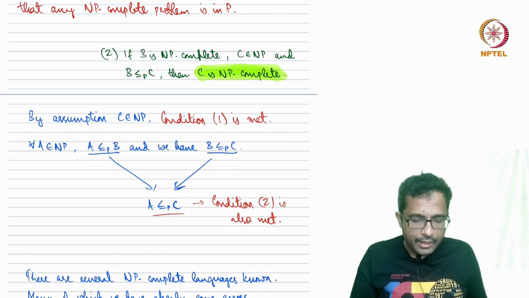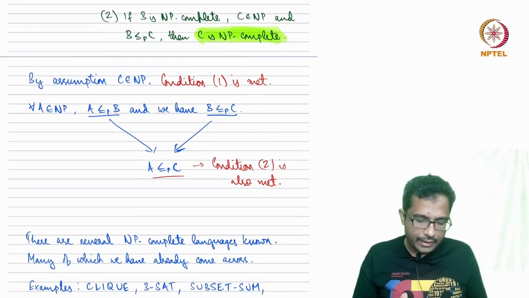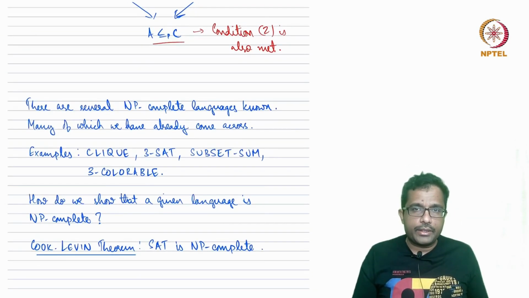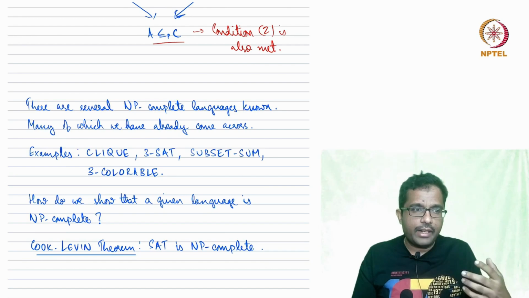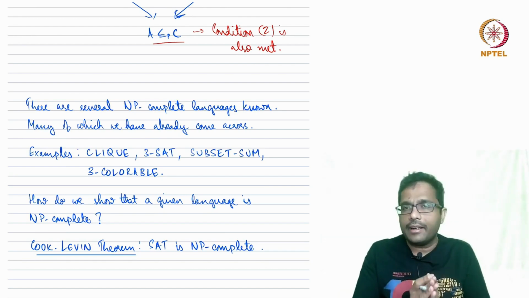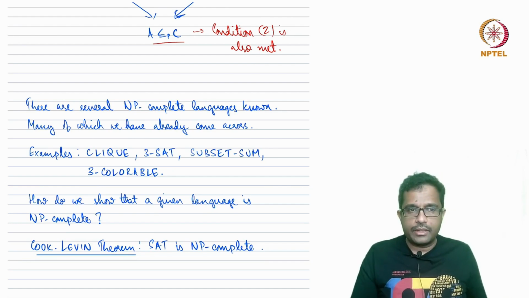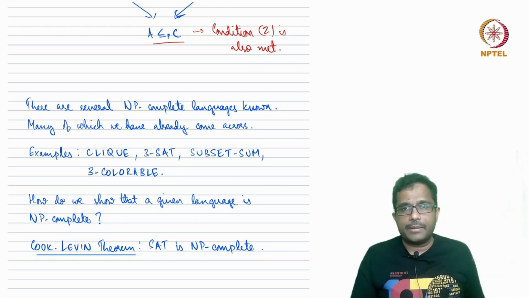That is why this remark is significant. Now we know several NP complete languages, which we consider to be the hardest problems in NP. Many of them we have already seen in this course, even though I didn't say that they were NP complete languages.